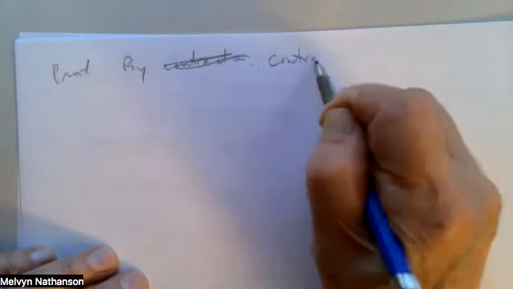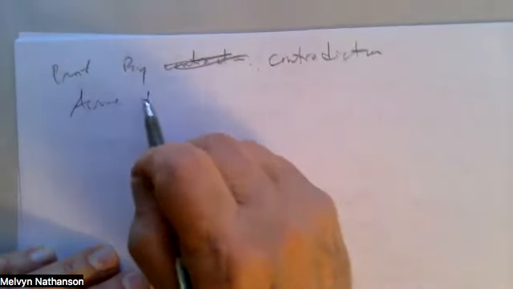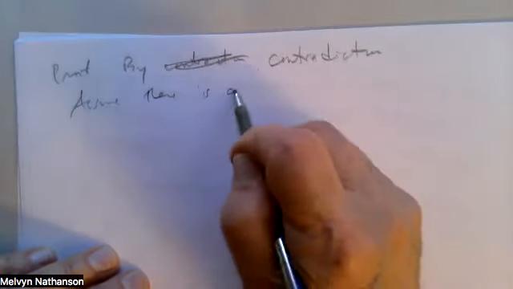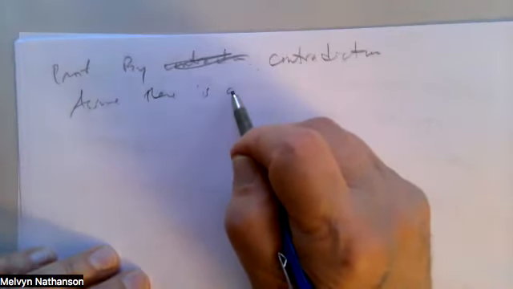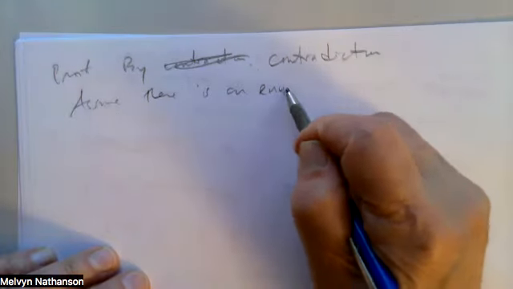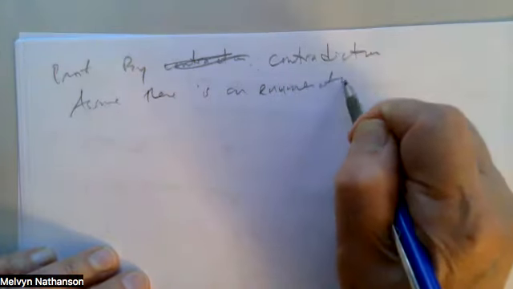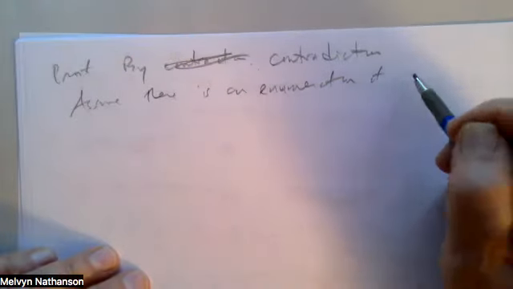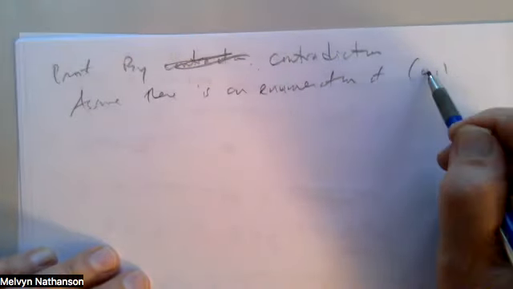By contradiction. Assume you can list a countably infinite list. Assume there is an enumeration of the real numbers from 0 to 1.